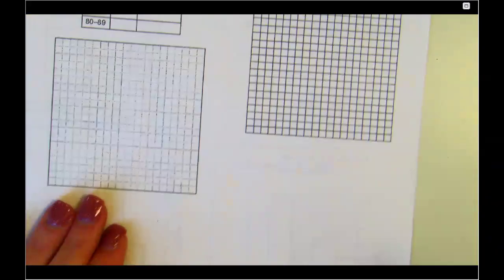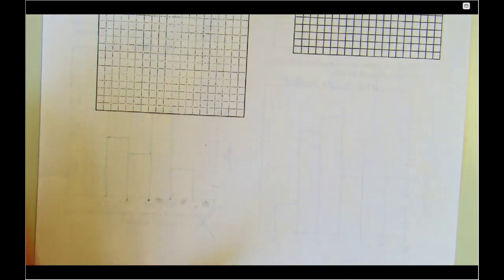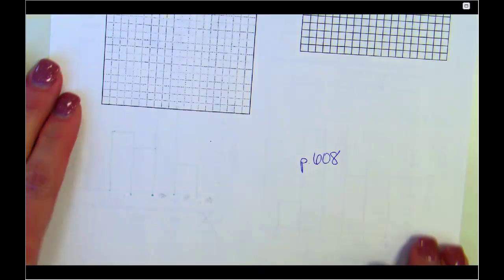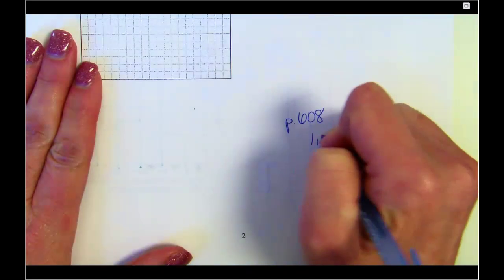So let's do this. Your homework is out of your book. So it's page 608, 1 and 2.